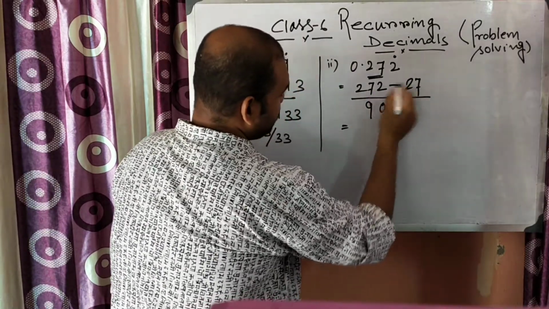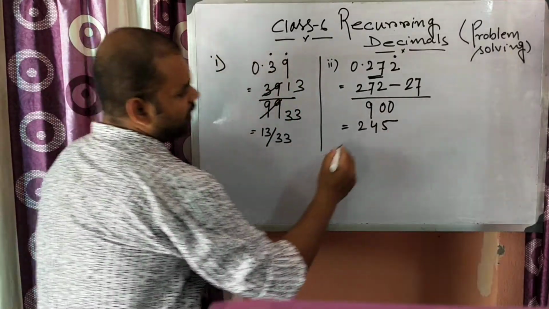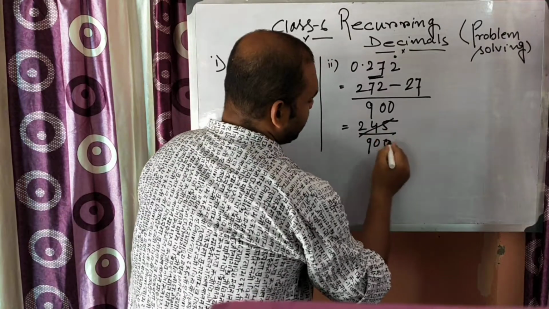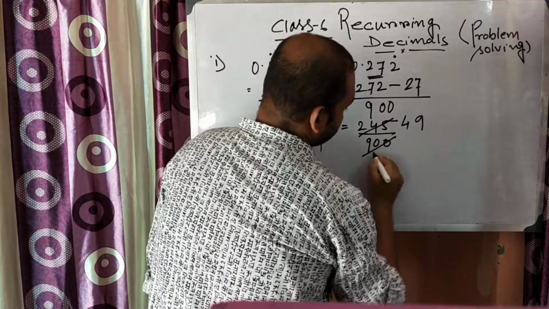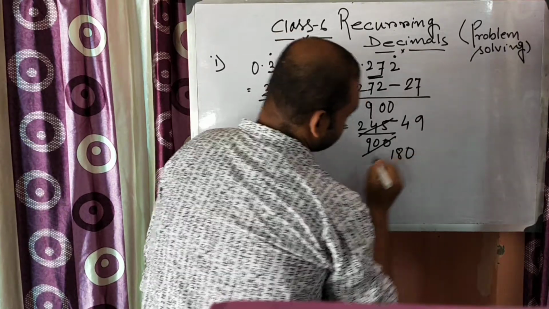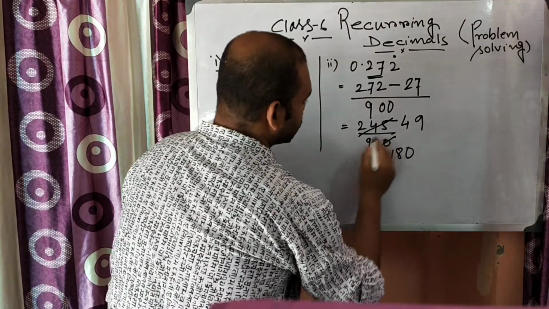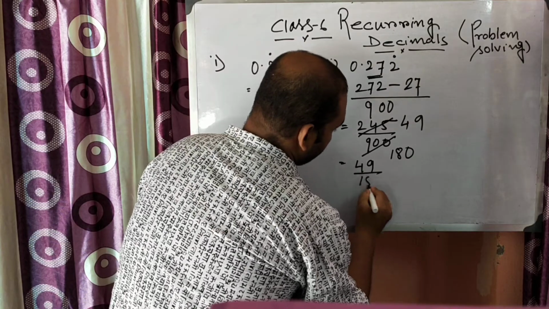Next, you need to subtract it. So write down 245 by 900. Then 5 fours are 20, 5 9s are 45, so 5 180s. So it will be 49 by 180.